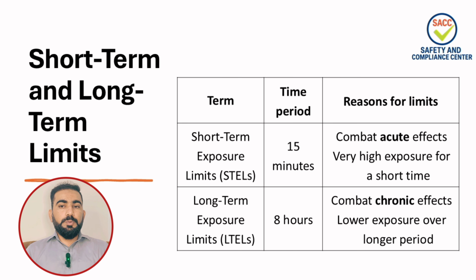So the short-term exposure limit deals with the situation where a worker might be exposed to a very high concentration of a substance, but only for a short period of time, while the long-term exposure limits are based on the 8 hour workday. They are all about preventing chronic effects, the health issues that develop slowly over time due to lower levels and long-term exposures.